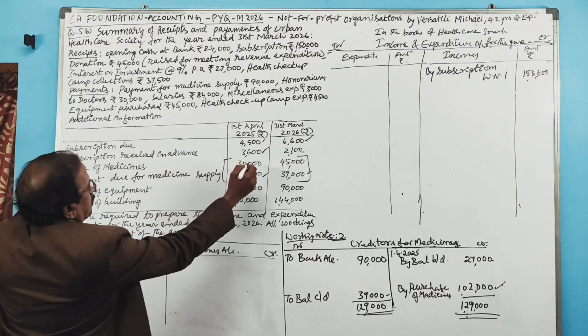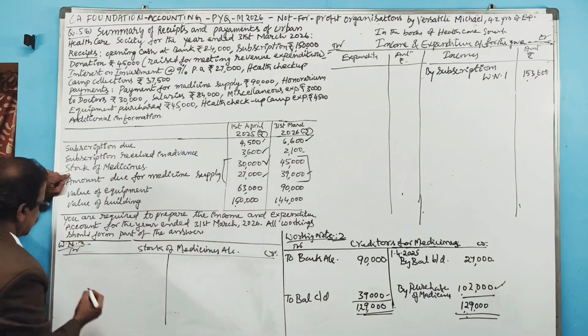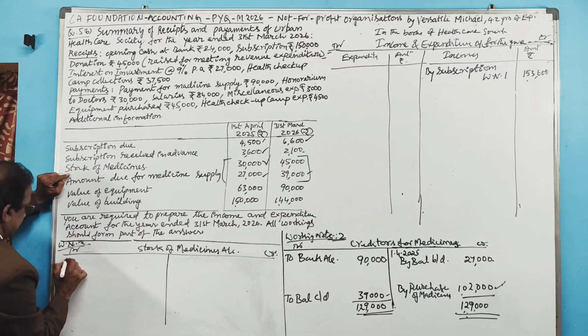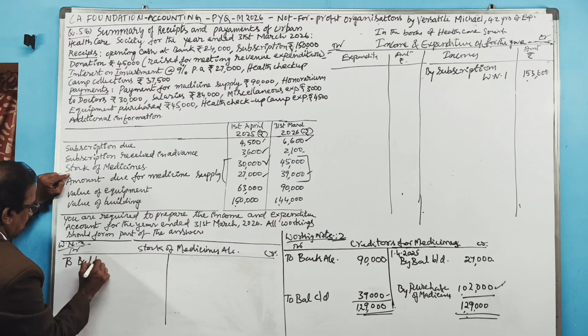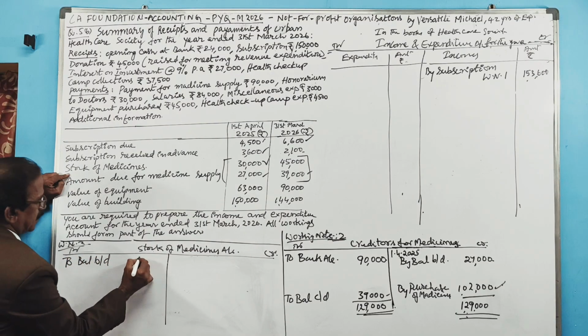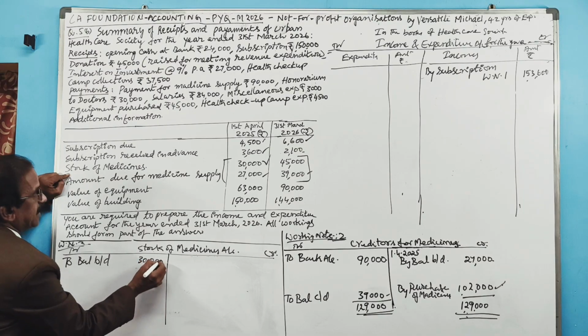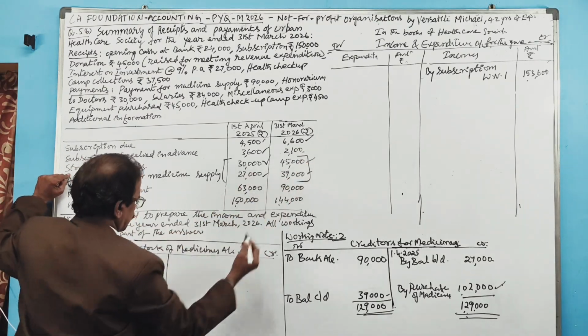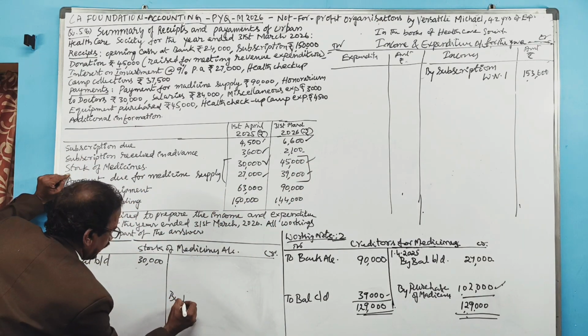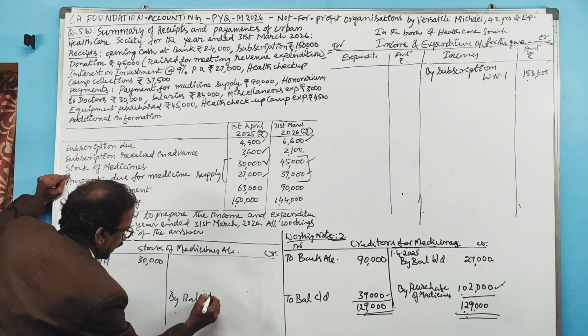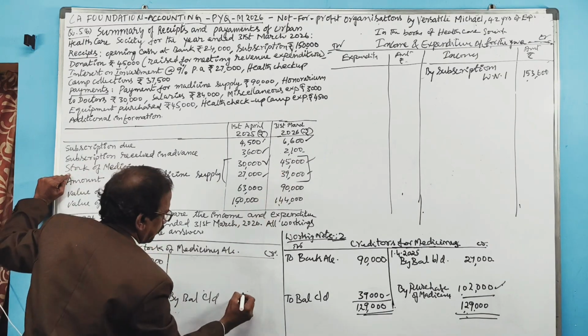Stock of medicines in the beginning is 30,000. This is an asset in the beginning. Debit side you have to write. To balance brought down you should write 30,000. Credit side what you have to write? This one, closing. By balance carried down 45,000.